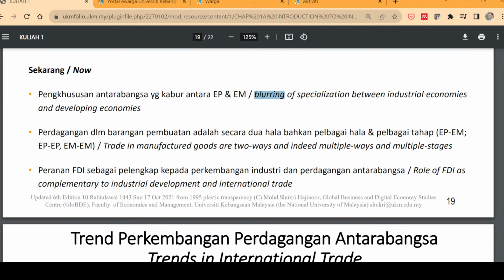Even a car, maybe not as elaborate compared with the electronics. Electronics, there are stages.